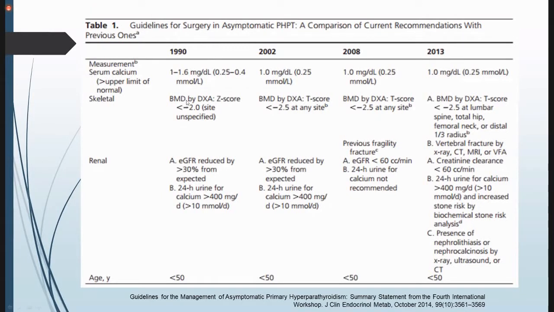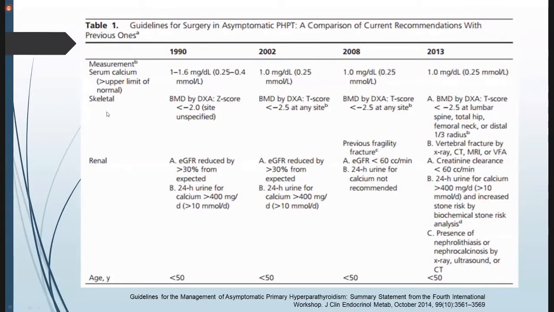So if I just skip down to this 2013 recommendation here, it says that when the calcium level is more than 1 milligram per deciliter above the upper limit of normal, then that is an indication for surgery. Surgery means parathyroidectomy.